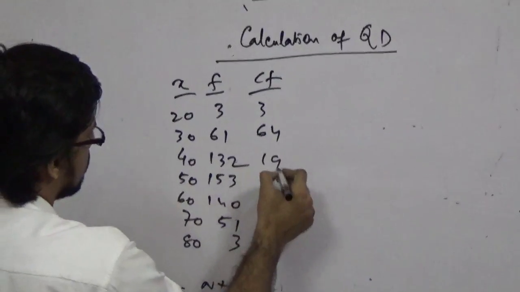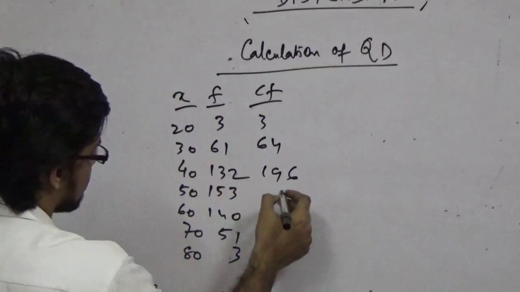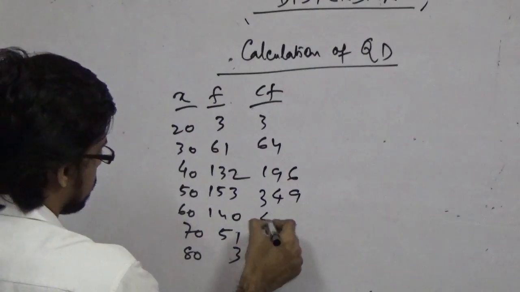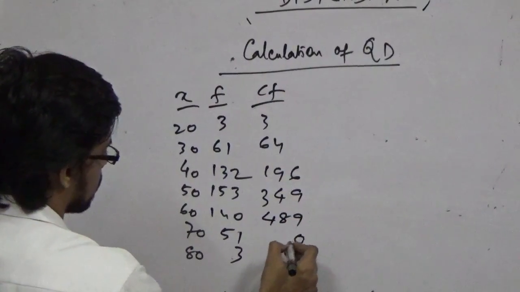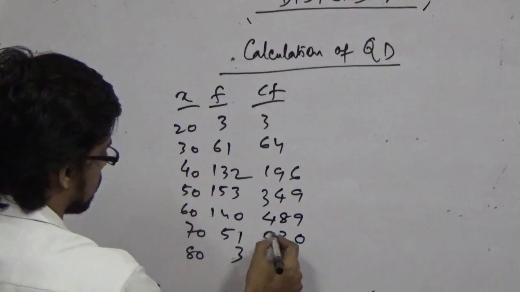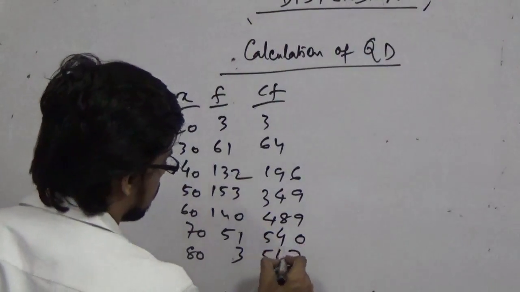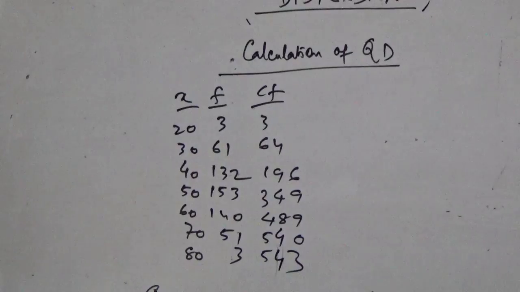364, 196, 533. No, this should be 540, 543. Okay.